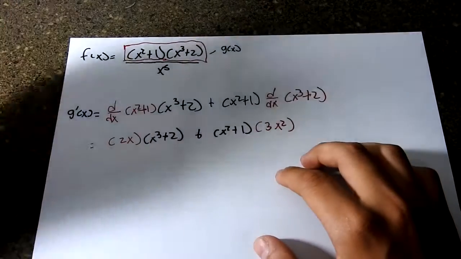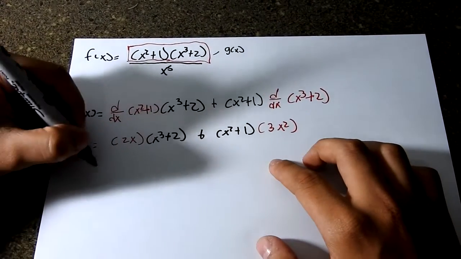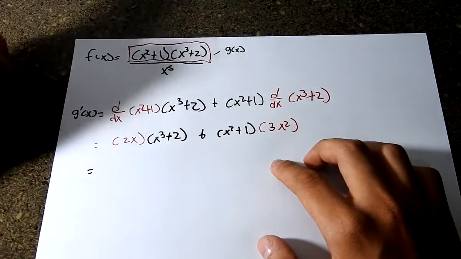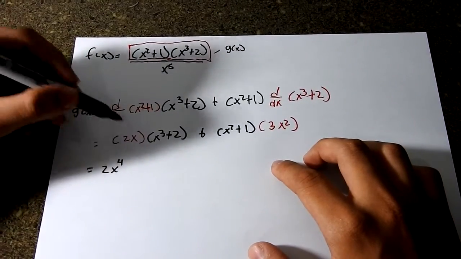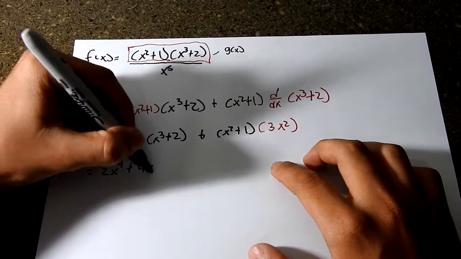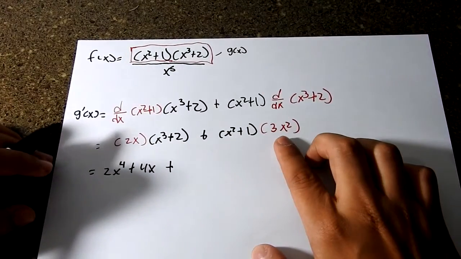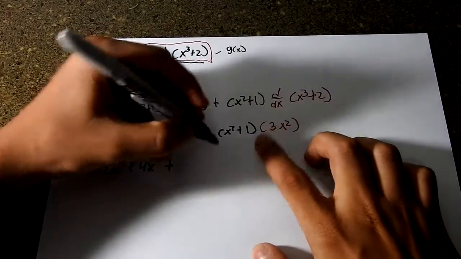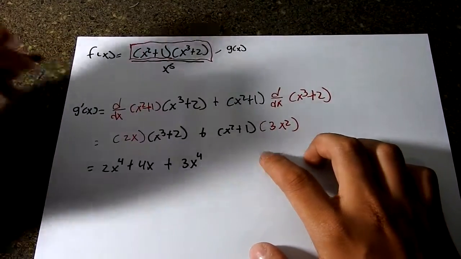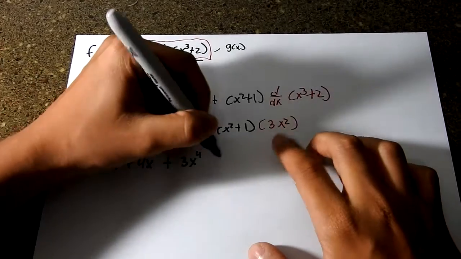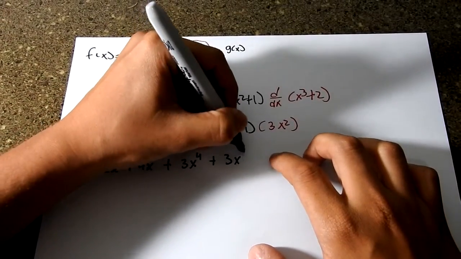Now let's apply the distributive property over here. We have 2x times x to the 3rd power, that's going to be 2x to the 4th power, then 2x times 2, that's 4x, plus 3x squared times x squared is going to be 3x to the 4th power, and then we have 3x squared times 1, which is just going to be 3x squared.